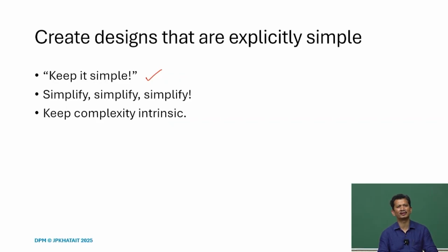Whenever we have a design review, we will always hear from our seniors, simplify the design. And if there is any kind of complexity, it has to be intrinsic, it has to be embedded.